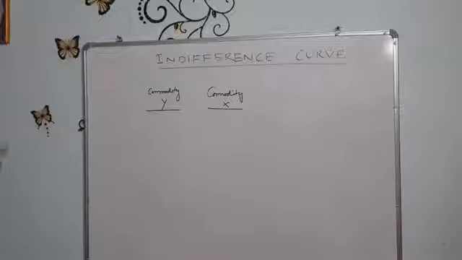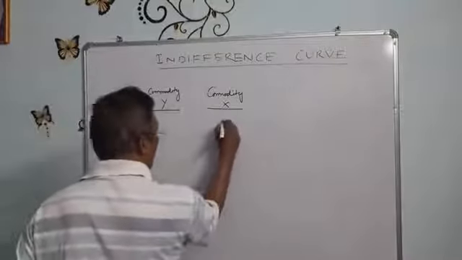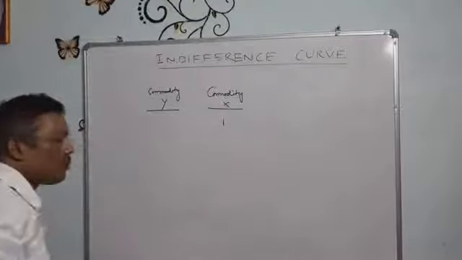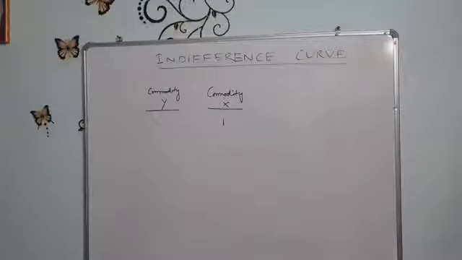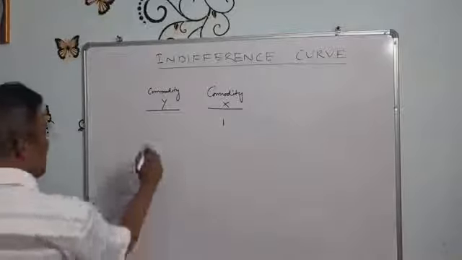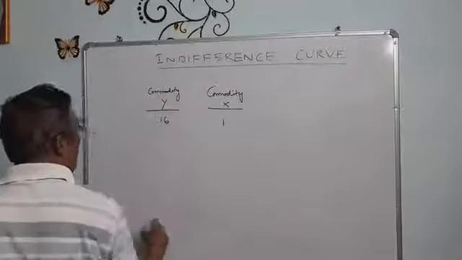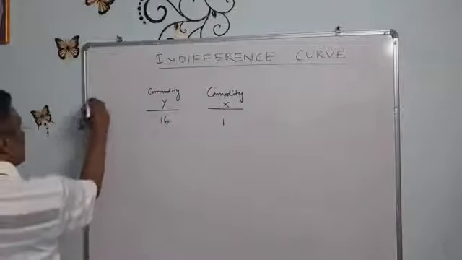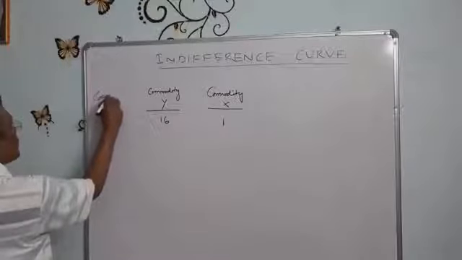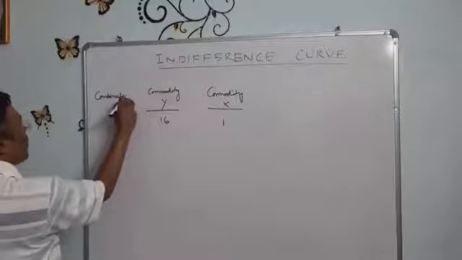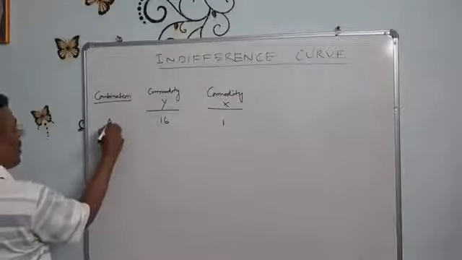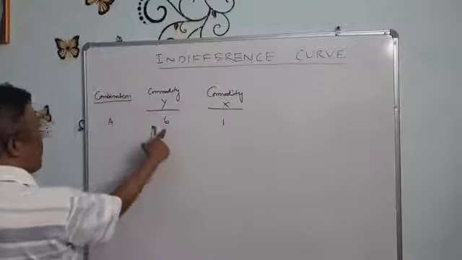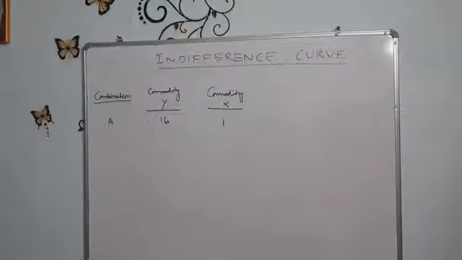So first, whenever we are consuming 1 unit of commodity X, then commodity Y, let it be 16 units. That is the first combination. Here is the combination where good Y is 16 and good X is 1.